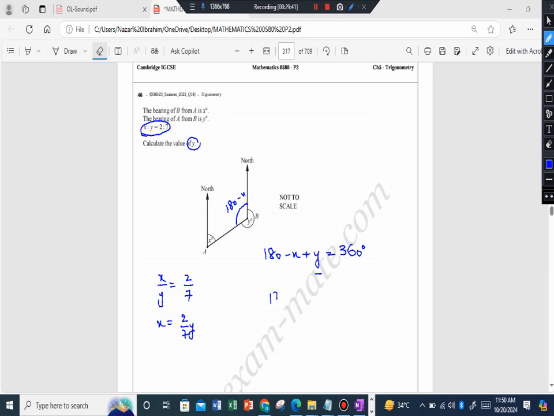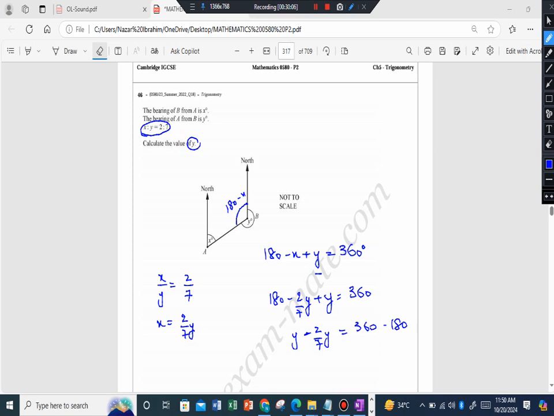So 180 minus, in place of x I'm putting 2 upon 7y, plus y is equal to 360, right? So 180 will go over there, and y minus 2 upon 7y is equal to 360 minus 180, right?